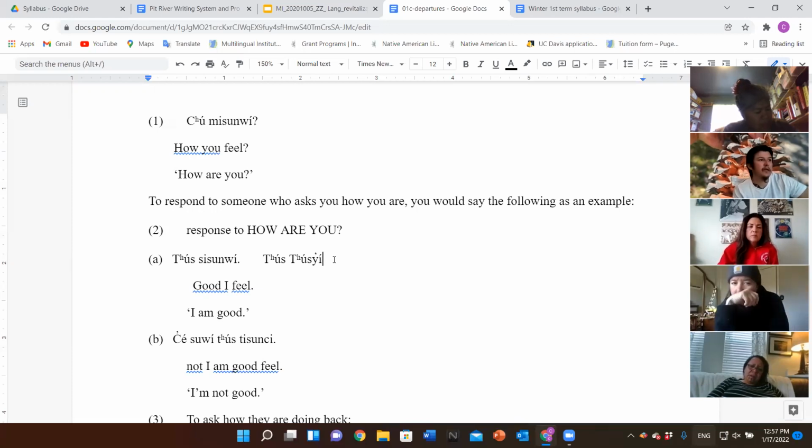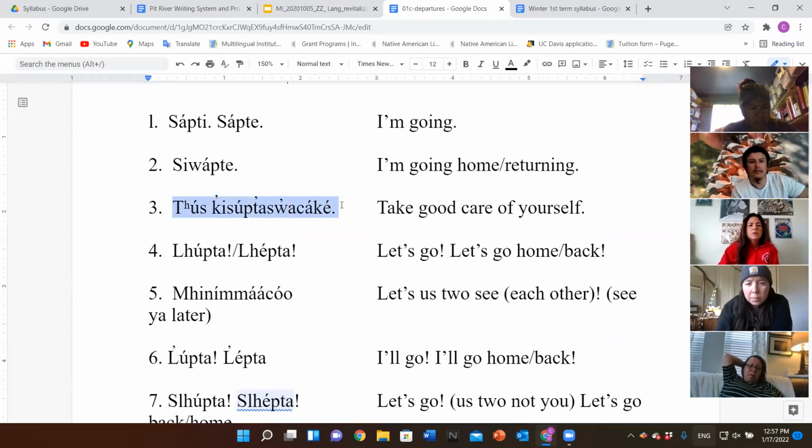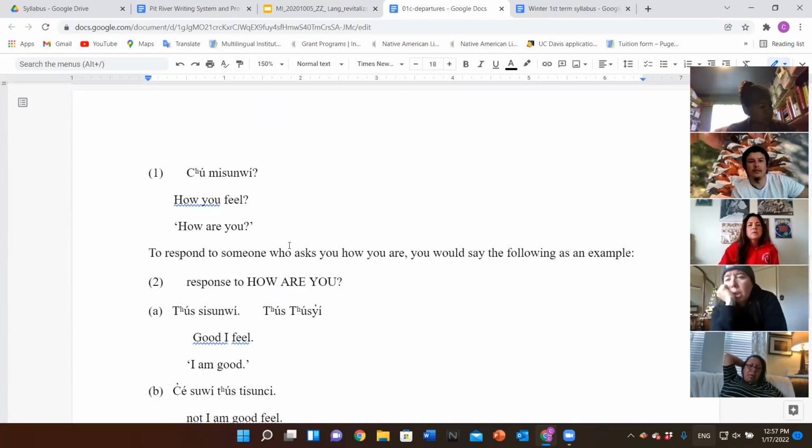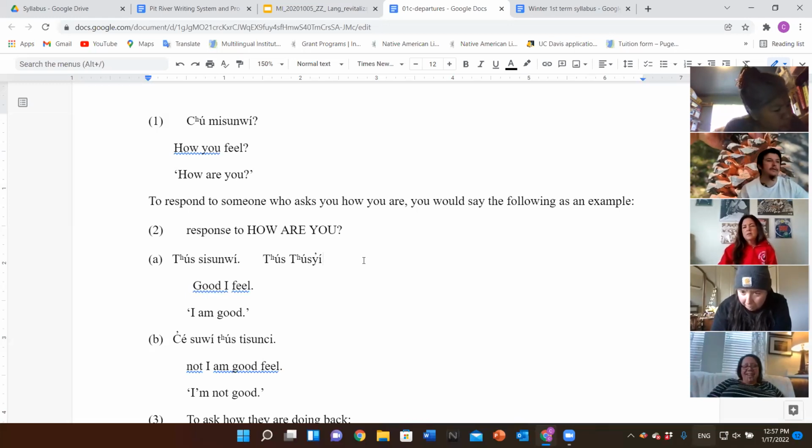They both mean good. It's just that tus is usually in front of something, like tus kesuptas wachige. But if I said chumi sunwi, and you didn't want to say I feel good, you just wanted to say good, you could just say tusi. Yeah, that's what I was thinking. My grandma used to always say tusi. That's funny. Okay, cool.